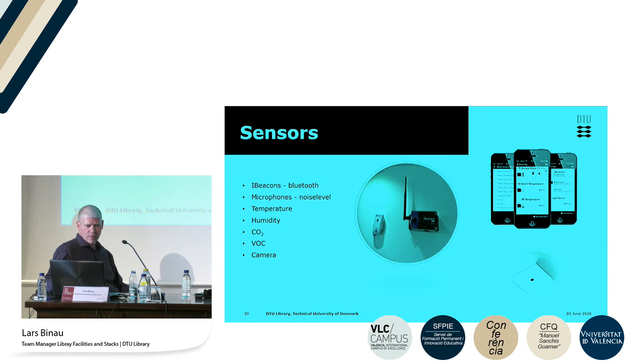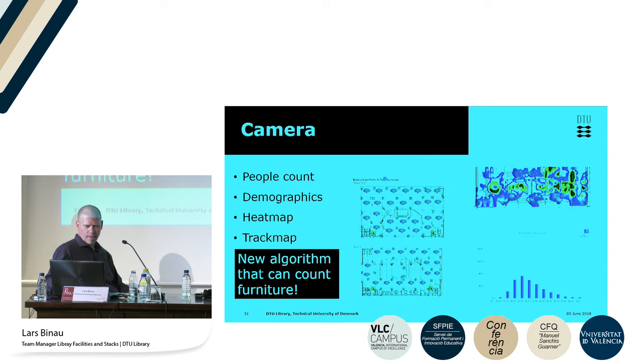So then we've put up a bunch of sensors, iBeacons, which are Bluetooth antennas. They work like indoor GPS. Microphones to track the noise level all over the library, temperature, humidity, and one of the most important things is cameras.